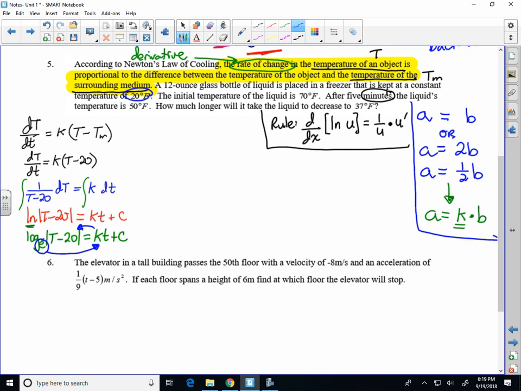Okay, so this converts over to e to the kt plus c equals t minus 20. So it's a little nicer because now we don't have a log to deal with.